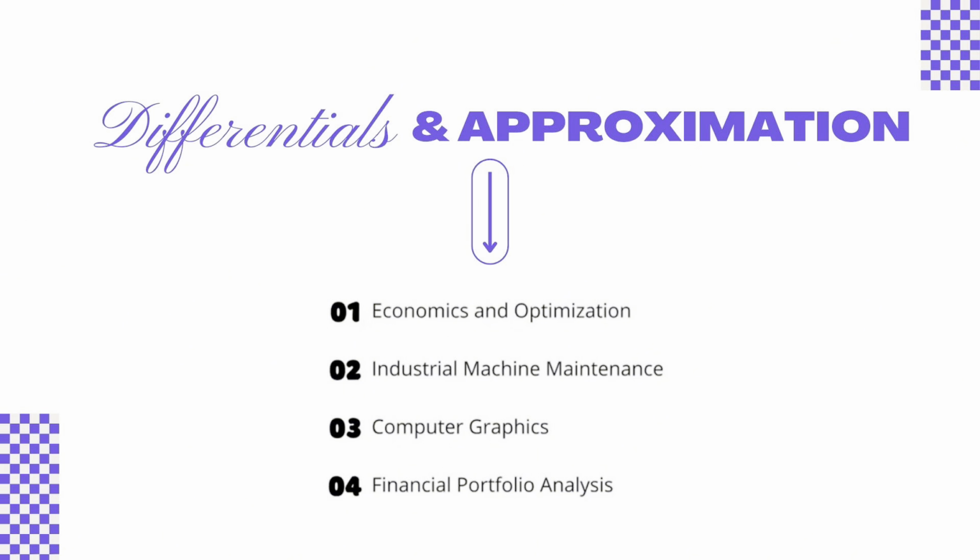The second one is industrial machine maintenance. In predictive maintenance, sensor devices are used to monitor the condition of industrial machines, such as temperature, vibration, and pressure. The third one is computer graphics. In computer graphics, differential approximation is used to calculate changes in pixel colors and lighting in rendering software.